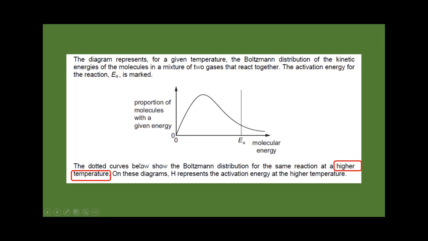Now the dotted curves in the diagram of the answers show the Boltzmann distribution for the same reaction at a higher temperature. So higher temperature is a key word here. So we have to identify the diagram that correctly describes the Boltzmann distribution of the kinetic energies of the molecules at a higher temperature.